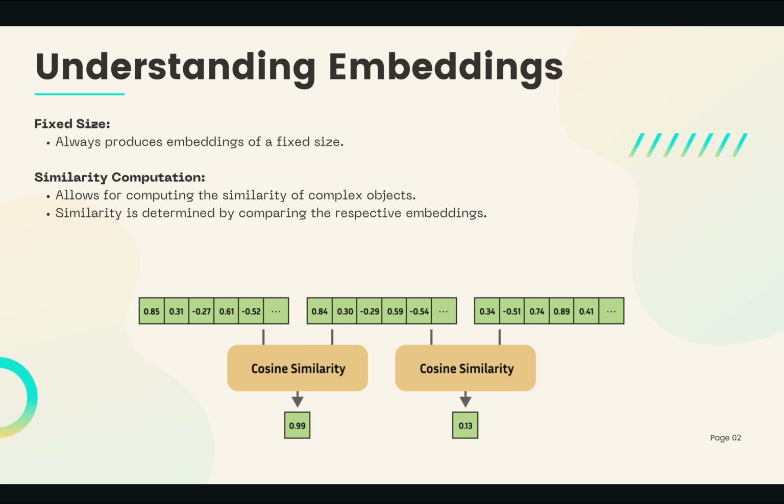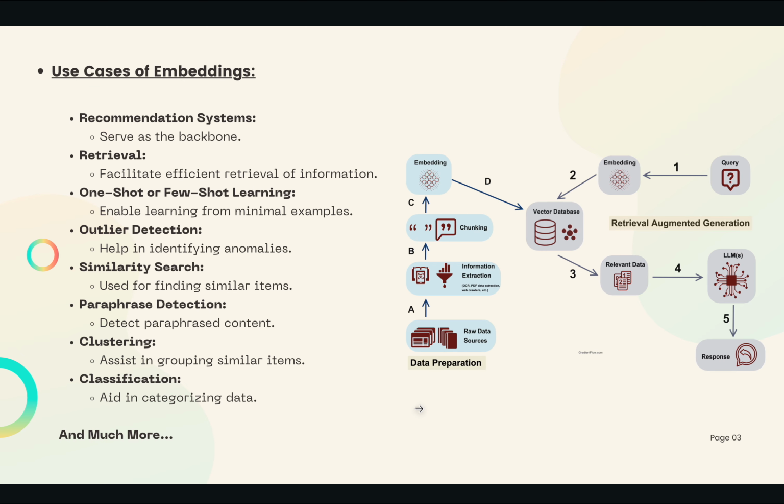If we have two sentences and we want to know how close they are to each other, we use something called cosine similarity. We compute the cosine similarity for these embeddings, resulting in the cosine similarity as we can see here. So similarity is determined by comparing these respective embeddings.